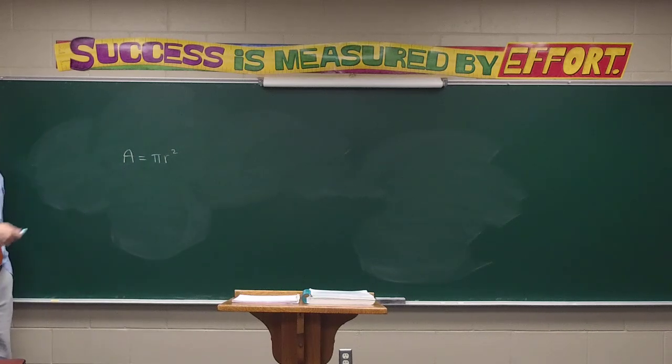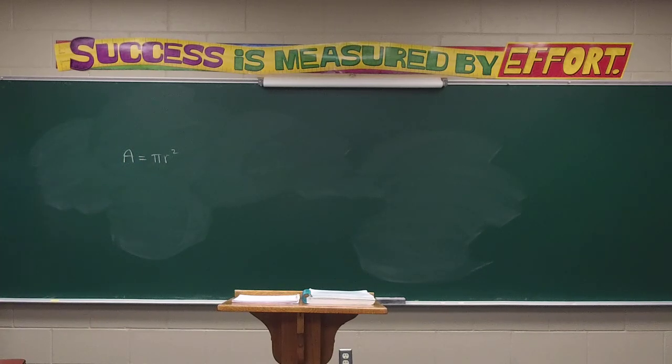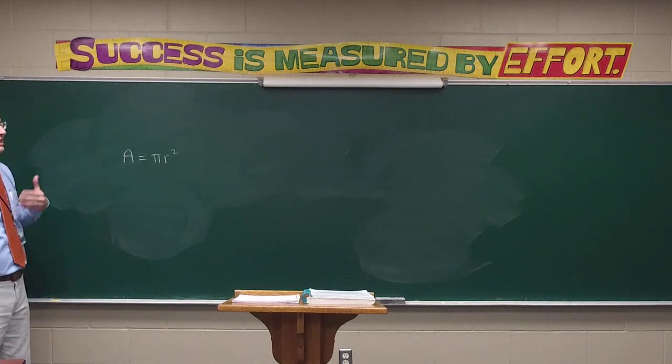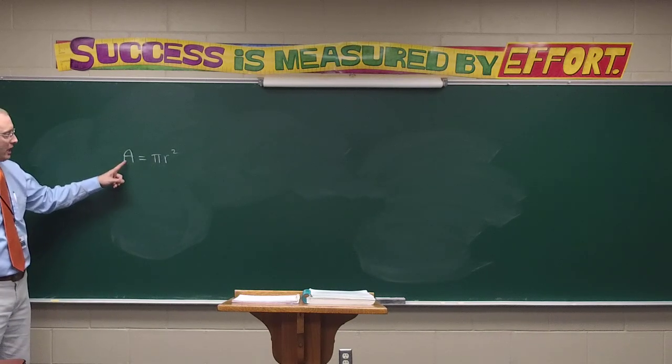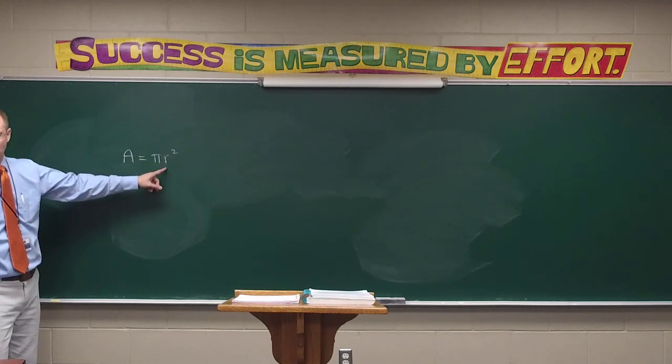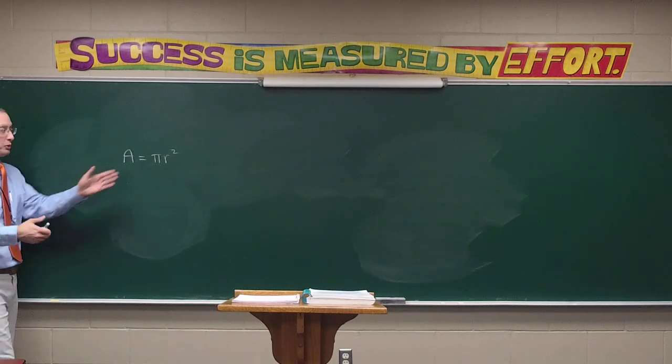We're talking about area of circles in my 8th grade class, a little quick review since it's been a little while since we did area of a circle. The thing that you generally solve for in the equation is the area. And the area depends on whatever radius you pick. For instance, if I draw a circle with a compass, the bigger I open the compass, the bigger the circle is going to be. It just depends on how much I open the compass, what the radius is.